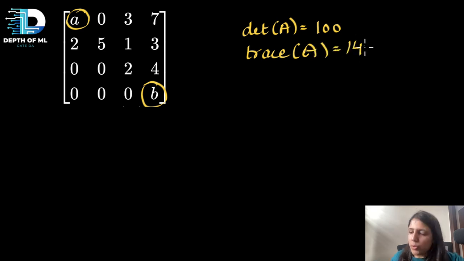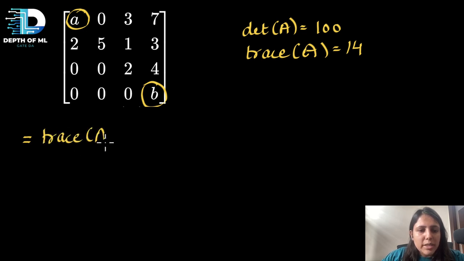We know that the trace of A is equal to the sum of the diagonal elements, so I can write that trace of A is equal to A plus 5 plus 2 plus B, which is nothing but A plus 7 plus B.